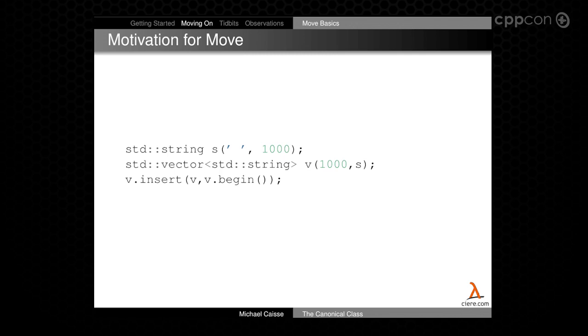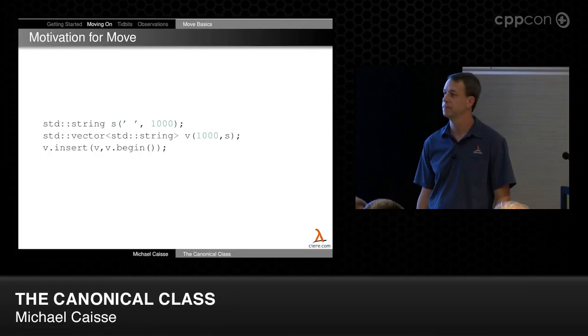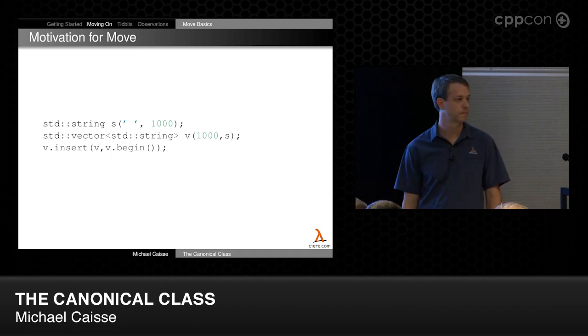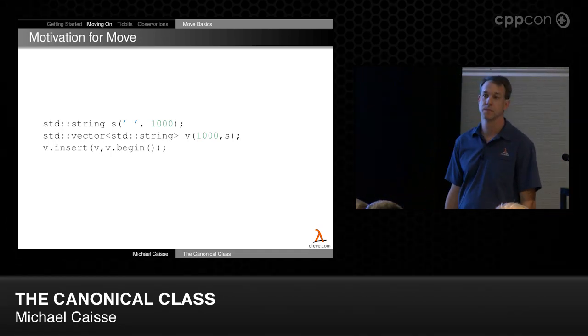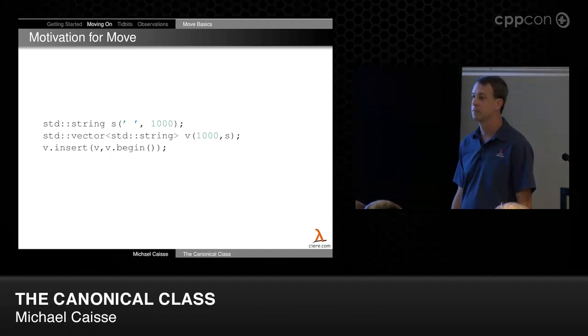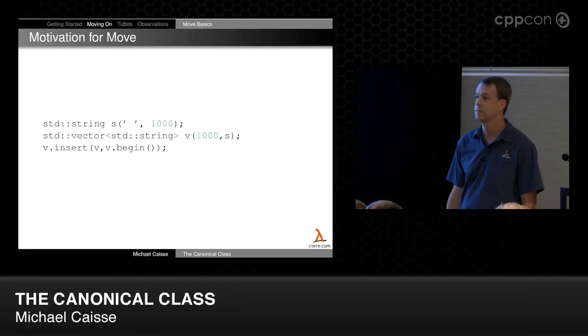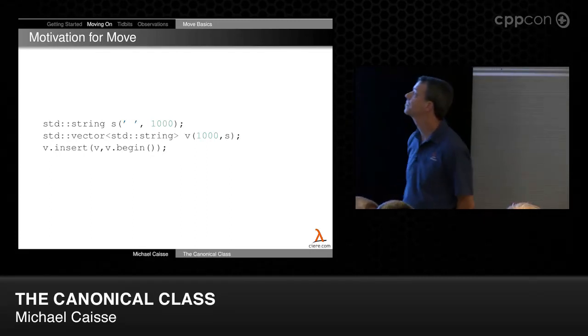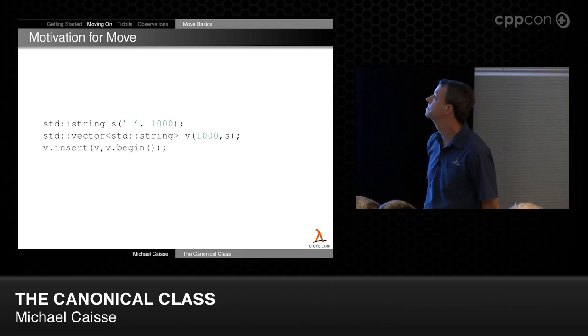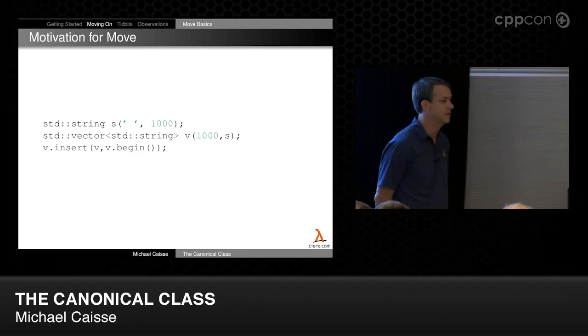Here's some motivation for move. What is this piece of code doing? Okay, a vector of 1,000 strings, each with 1,000 spaces.